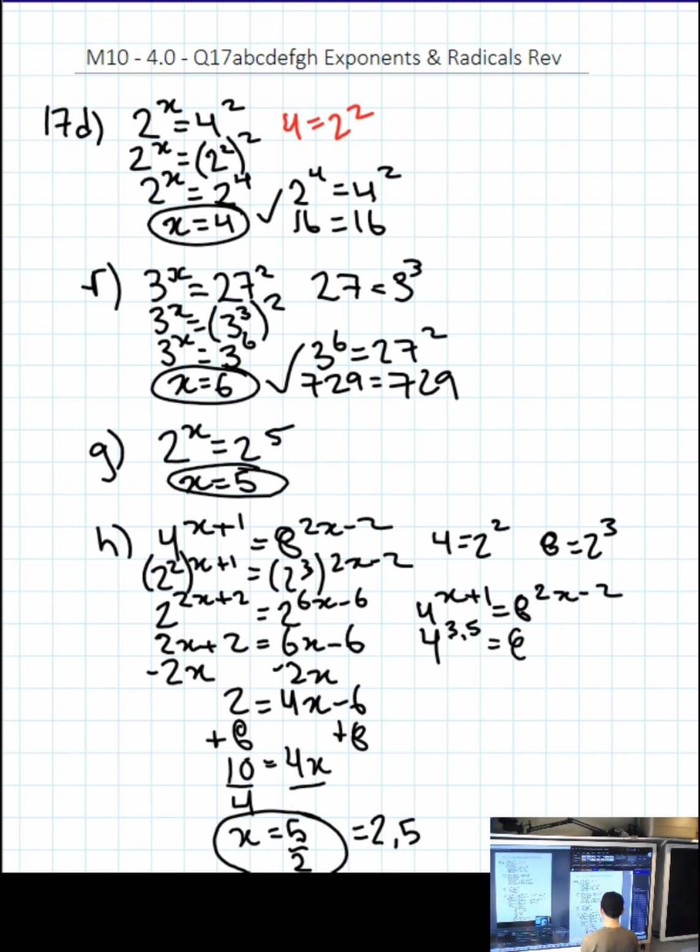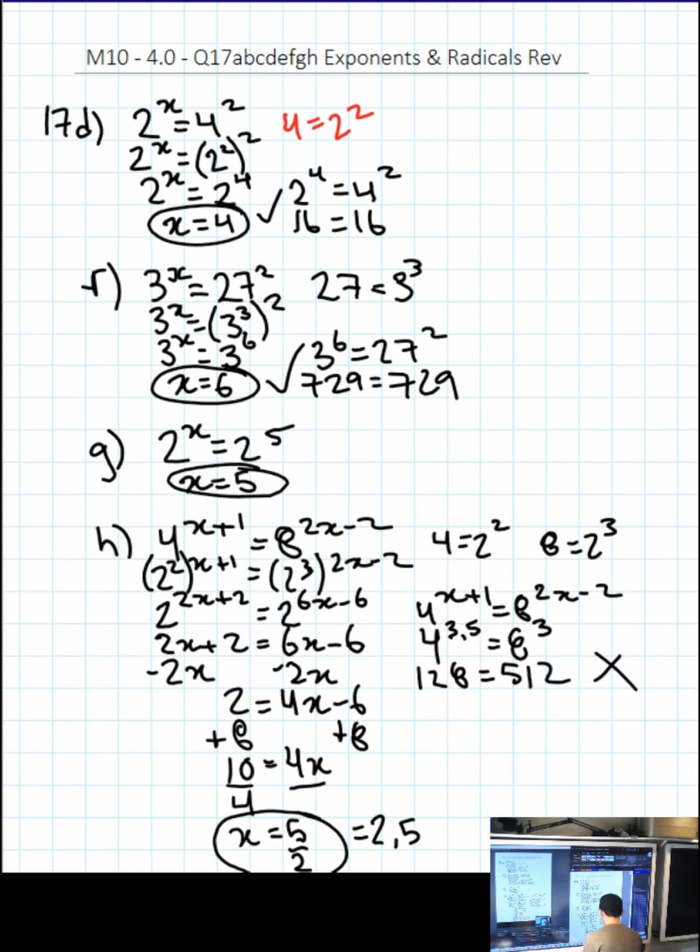And then we have 8 to the 2 times 2.5 is 5, minus 2 is 3. And that's why it's wrong. 4 to the exponent 3.5 is 128, and 8 cubed is 512.